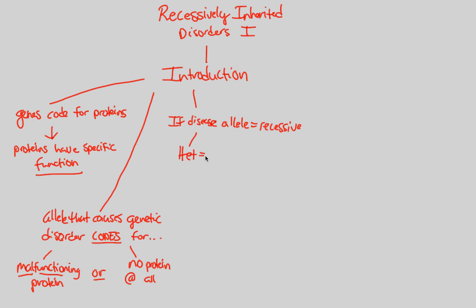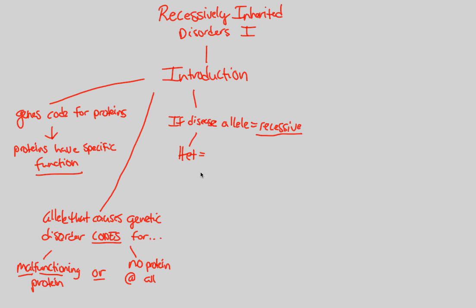And if we have a heterozygote in a recessive allele disease situation, what type of phenotype does the heterozygote have? Normal or abnormal? Remember, a heterozygote has the ability to mask recessive alleles.